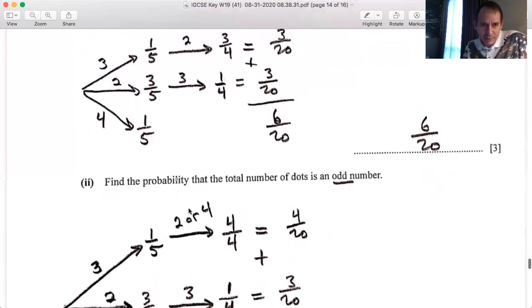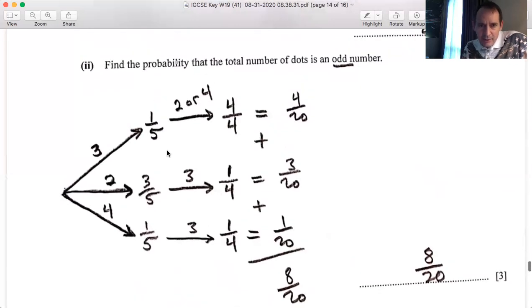That's the same as what we had up here, except now we want to end up with an odd number. So 3 plus 2 is 5, 3 plus 4 is 7. So he could have combined the 3 with either the 2 or the 4, which are all 4 of the 4 remaining cards. So 1/5 times 4/4 is 4/20.